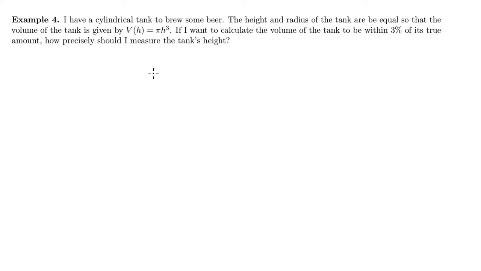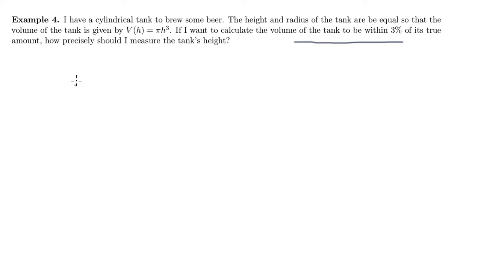So I would like to build this tank, and here's the volume of the tank, the relationship between the height and the volume. And so we know the height and radius are equal, that's why this is the formula. So I would like the volume of the tank to be within 3%.